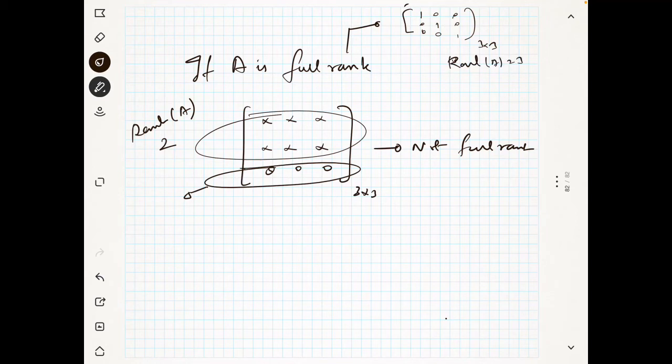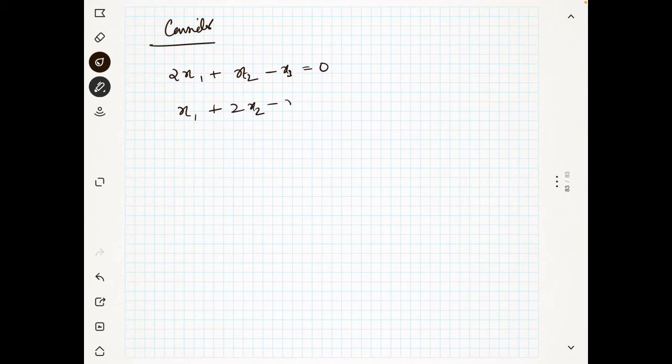Now we will see another case where the rank is not 3. So let us consider 3 equations. Consider the equations: 2x1 plus x2 minus x3 is equal to 2, then x1 plus 2x2 minus 2x3 is equal to 3, then 4x1 plus 2x2 minus 2x3 is equal to 4.